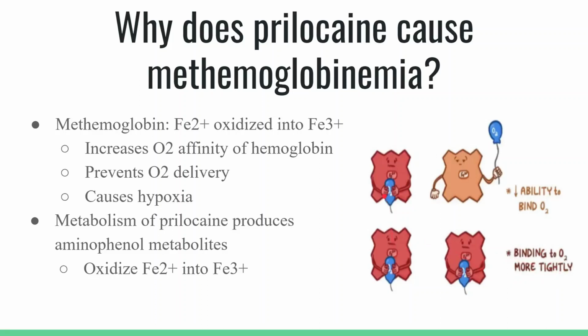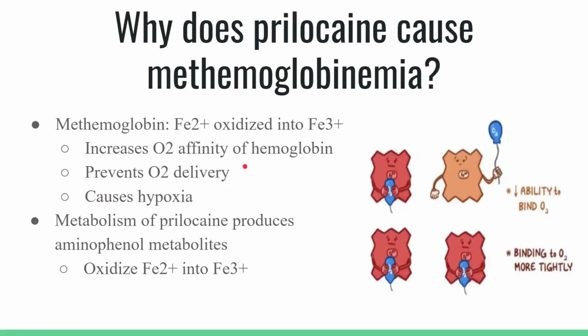When they do so, this increases the oxygen affinity of hemoglobin. Because, as you can see, these heme groups are binding oxygen heavily and tightly. But this means when the hemoglobin reaches the tissues, it will not be able to deliver the oxygen because the oxygen affinity is very high. This will prevent oxygen delivery and it will cause hypoxia and possible necrosis.